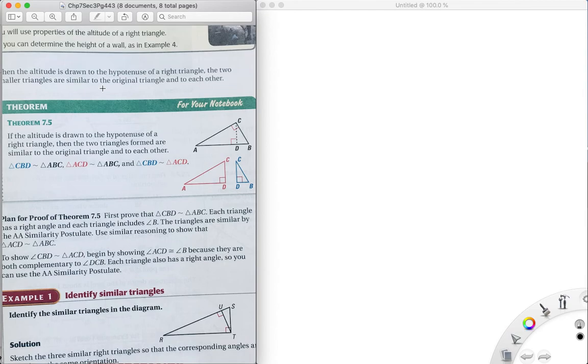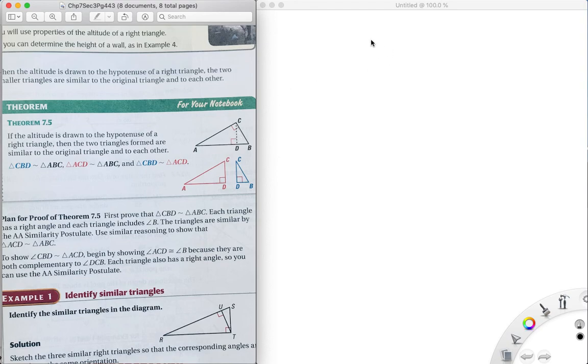Theorem 7.5 says that if we draw an altitude to the hypotenuse of a right triangle, then the two right triangles formed are similar.